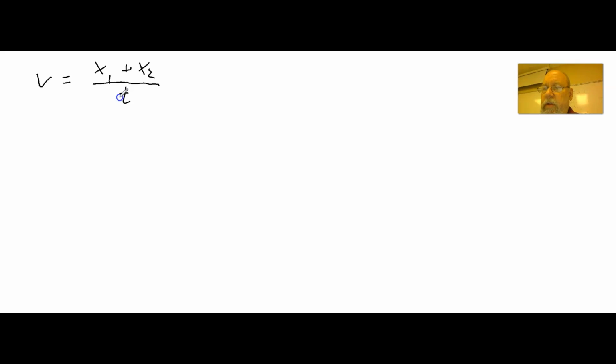We know that velocity equals displacement divided by time. So it should make sense that to find the velocity for the whole trip, I can add the displacements together and then divide that by the total amount of time the trip took, and that will give me the velocity.